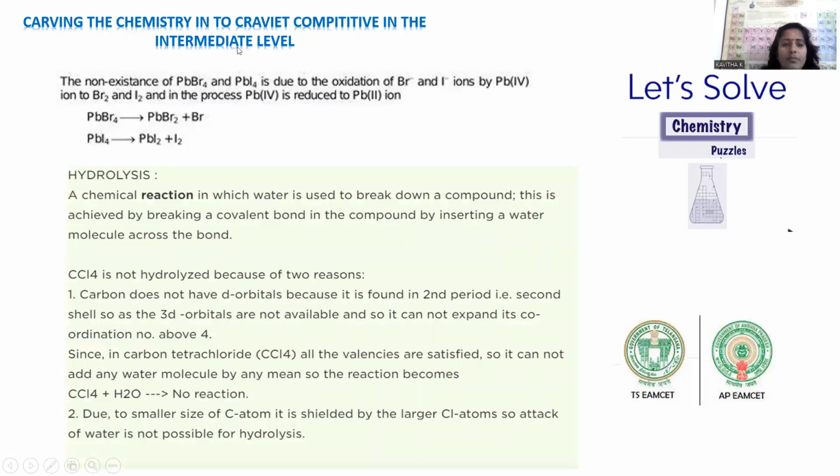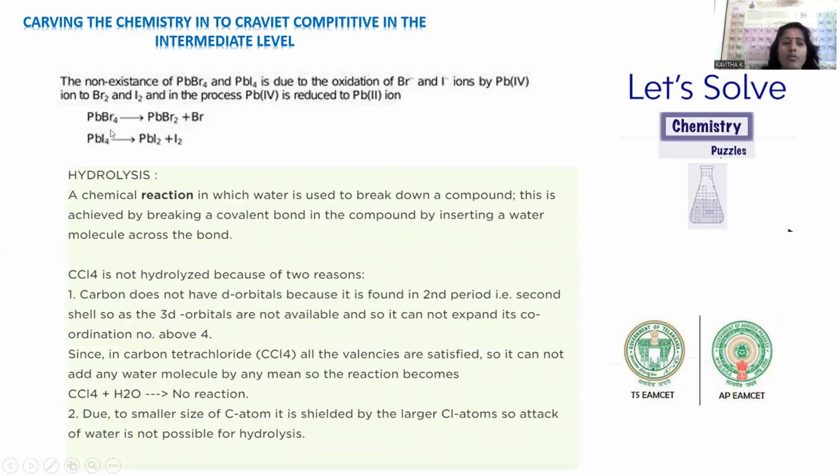In another statement, they provided lead tetrabromide and lead tetraiodide. The formation of lead tetraiodide or bromide is not possible, because whatever Pb +4 is there immediately gets converted into Pb +2, because Pb +2 is the more stable oxidation state around the central lead rather than +4.